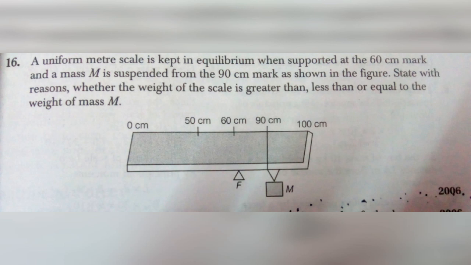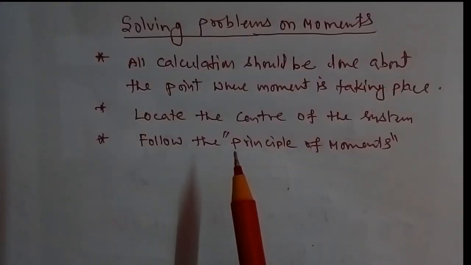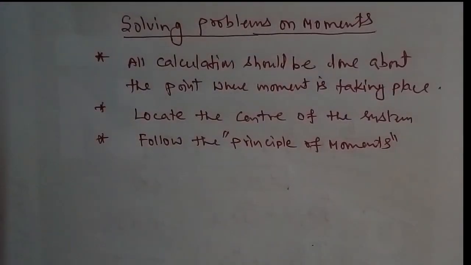So the problem is: a uniform meter scale is kept in equilibrium when supported at the 60 centimeter mark and a mass capital M is suspended from the 90 centimeter mark as shown in the figure. State with reasons whether the weight of the scale is greater than, less than or equal to the weight of the mass capital M. So in this question we have to find the weight of the scale.